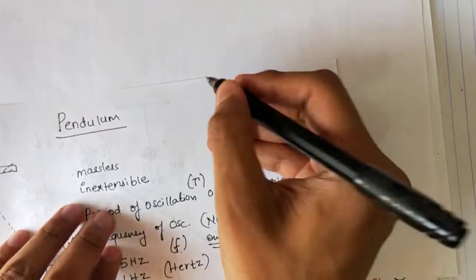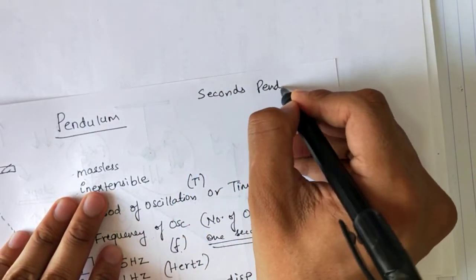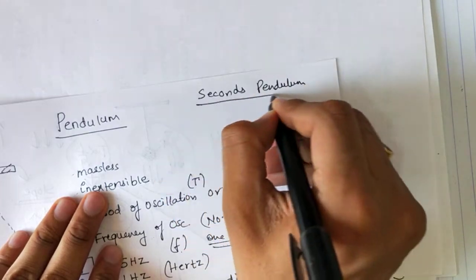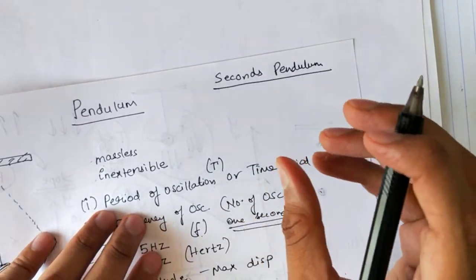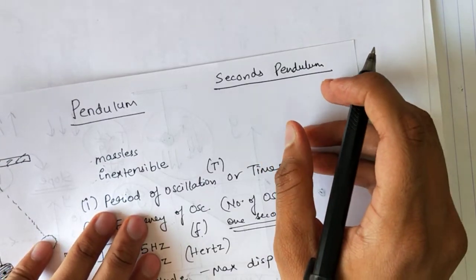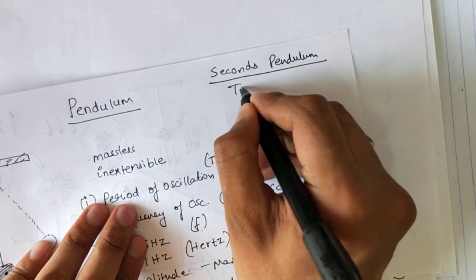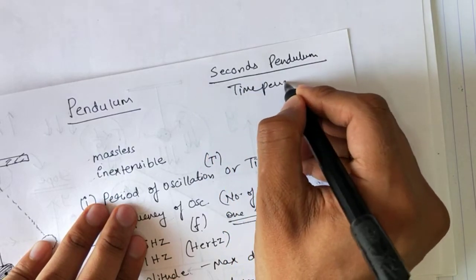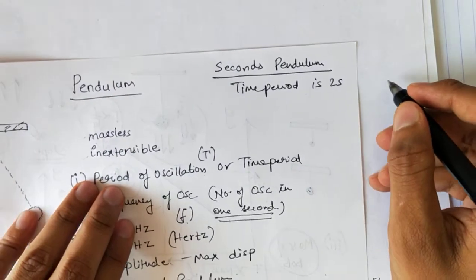Now, there is one last topic, that is seconds pendulum. What is seconds pendulum? Seconds pendulum is a name given to a pendulum whose time period is 2 seconds. That's it.